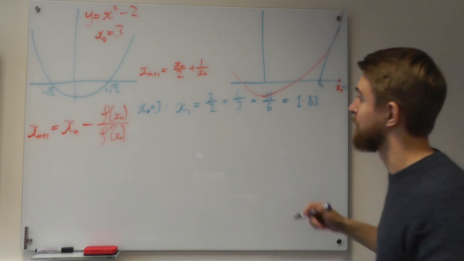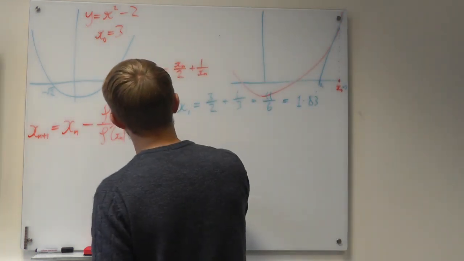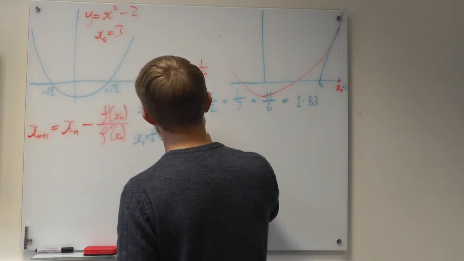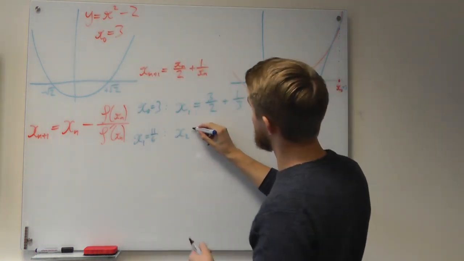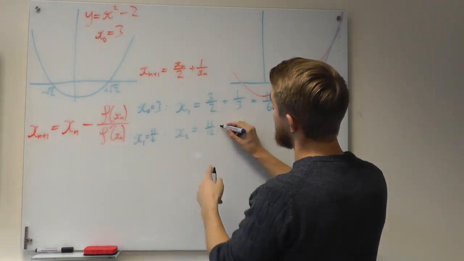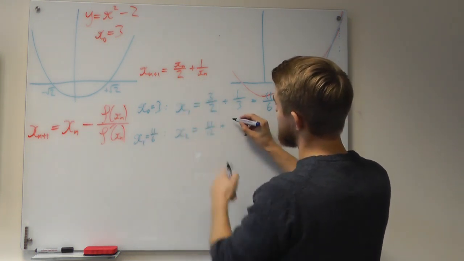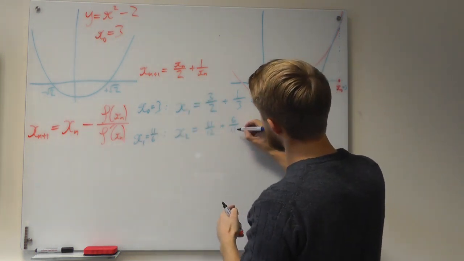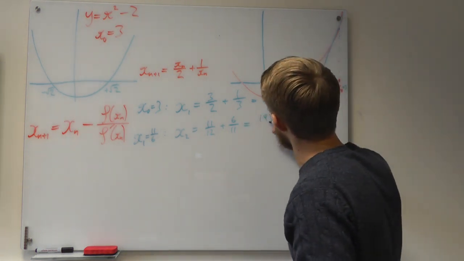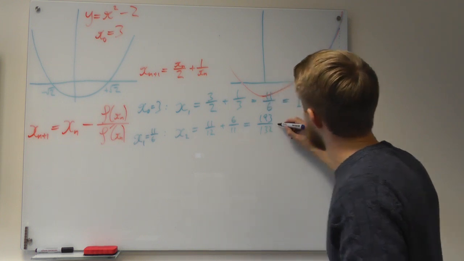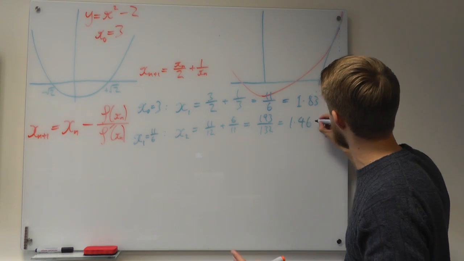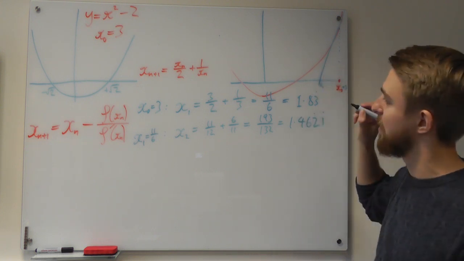Okay, let's go again. So if x1 equals 11 over 6, then x2 is going to equal 11 over 12, that's 6 times 2, plus flipped 1 over 6, so 6 over 11, which equals 193 over 132, which in decimal would equal 1.4621 with these last two digits recurring.